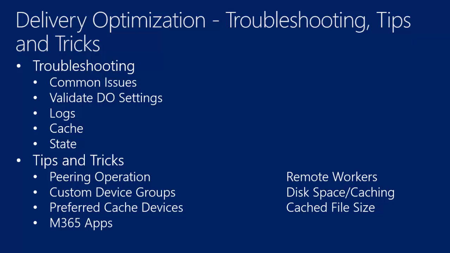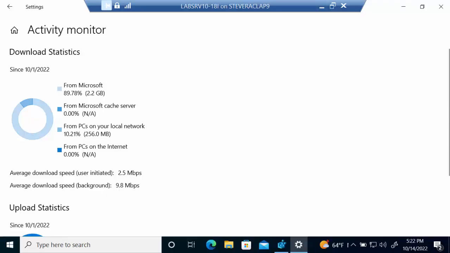Okay, so logs. Delivery optimization has, I've already shown you some really good ways that you can get in and look at what's going on with the PowerShell commands, get your status, get your performance snapshot, see what's going on with Activity Monitor. But when things aren't going right, you might need to look into logs and see what's going on.